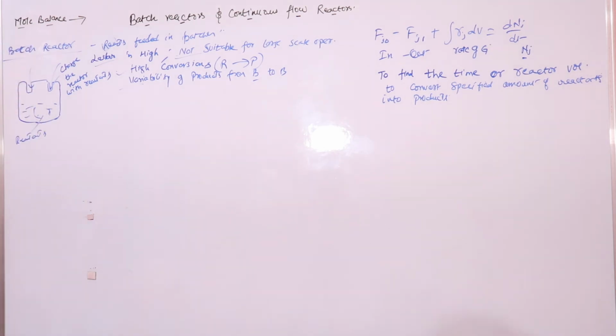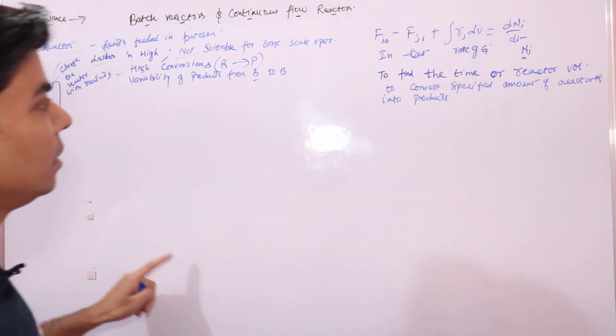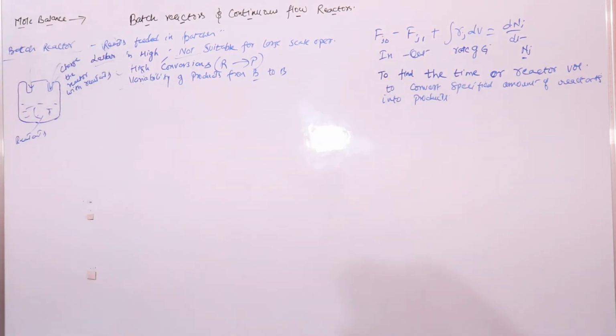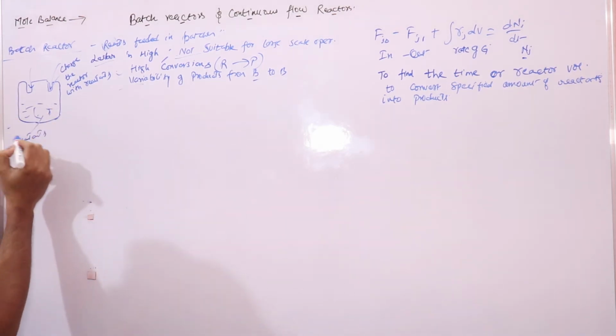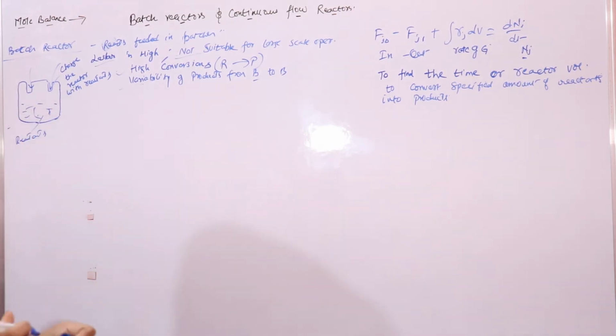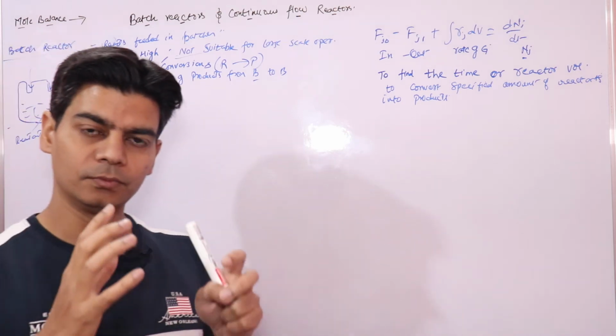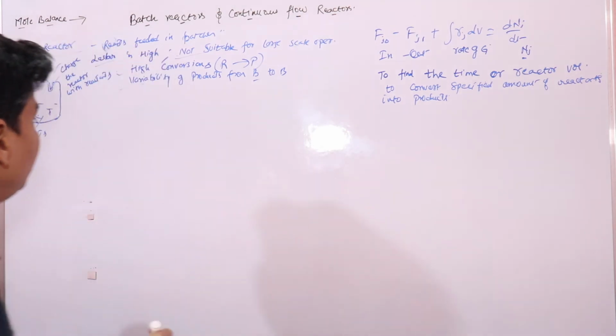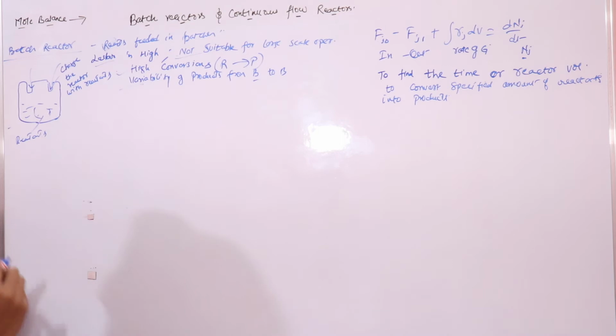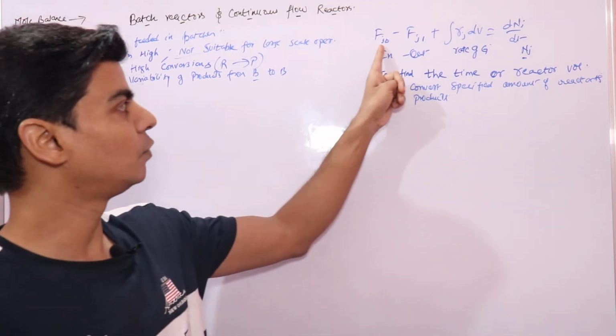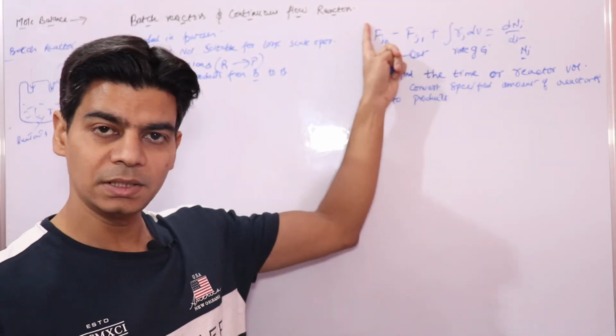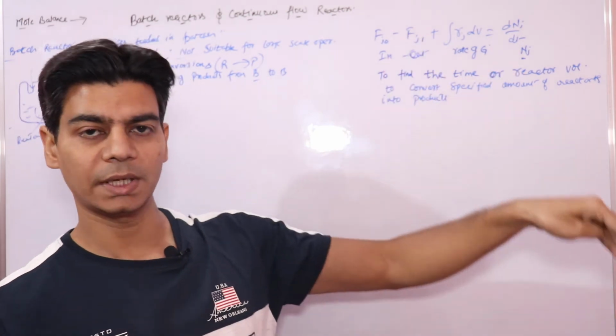Now let's apply this equation to this reactor. If you look at this reactor, there is no entry. You cannot maintain the continuous rate of flow inside the reactor and rate of flow outside the reactor.